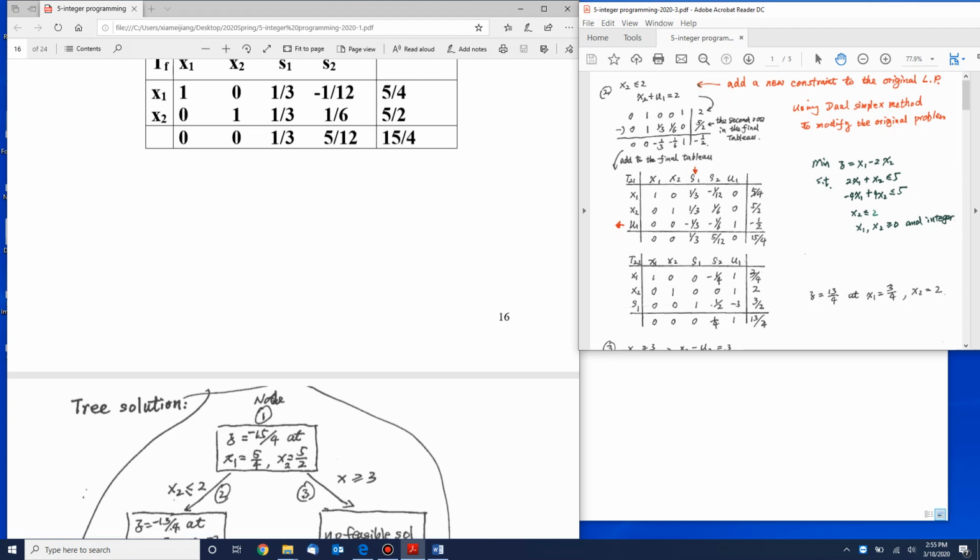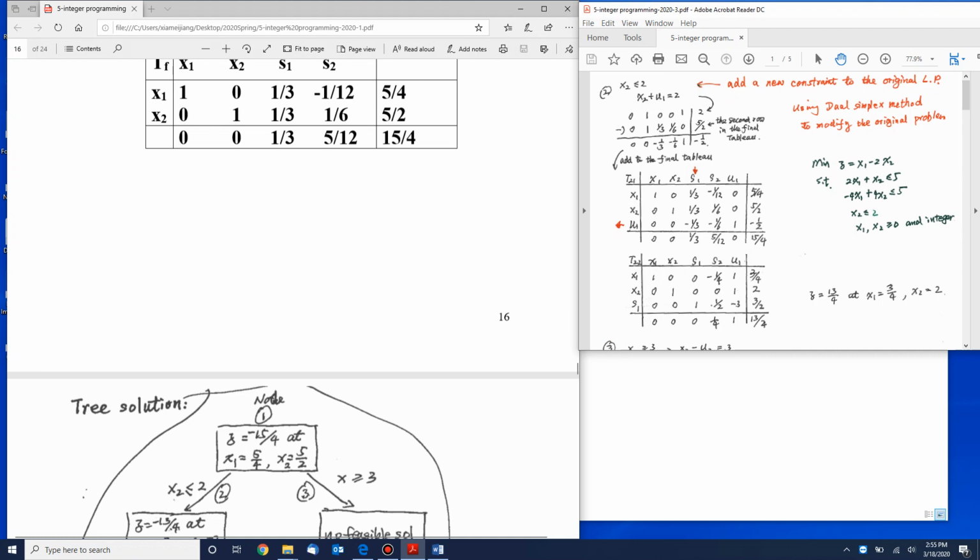Now this is the new constraint, and we bring it into the final tableau. Then we use the dual simplex method to restore feasibility, and that's the result we got: z equals minus 13/4 at x1 equals 3/4, x2 equals 2.